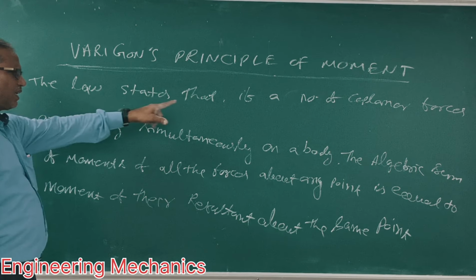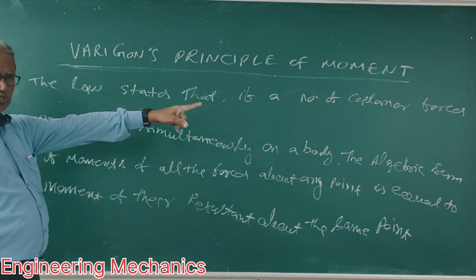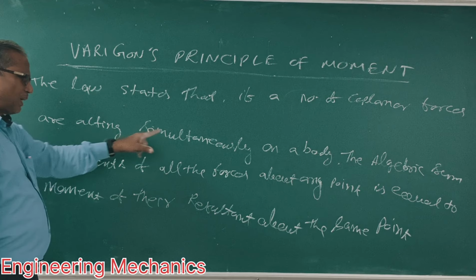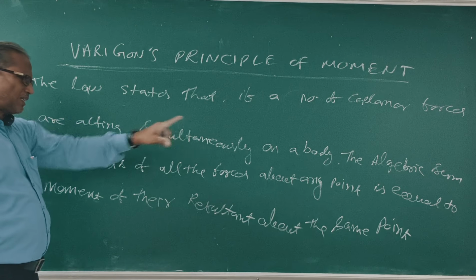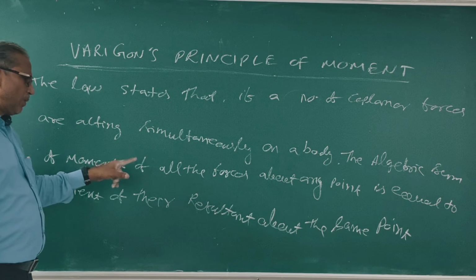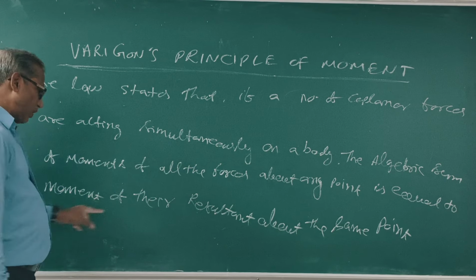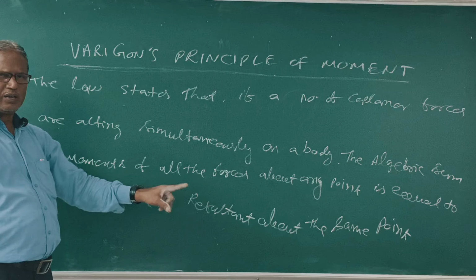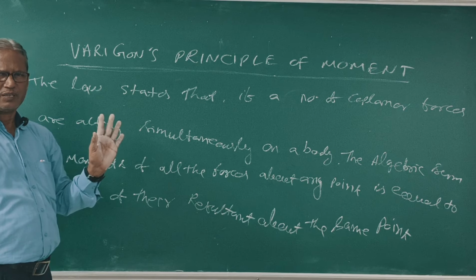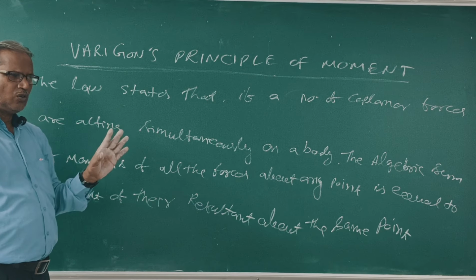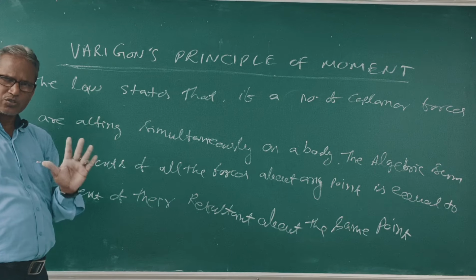The law states that if a number of coplanar forces are acting simultaneously on a body, the algebraic sum of the moments of all the forces about any point is equal to the moment of the resultant about the same point. Clear?